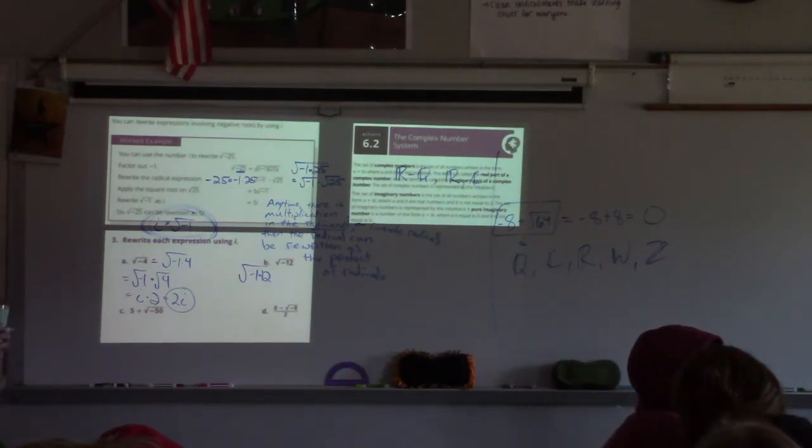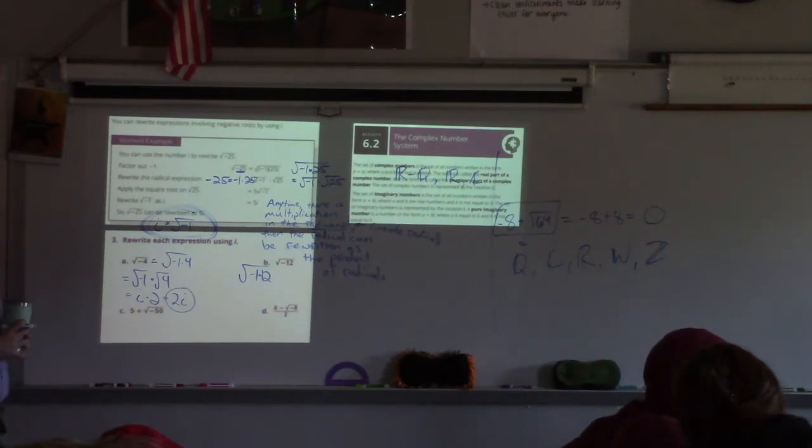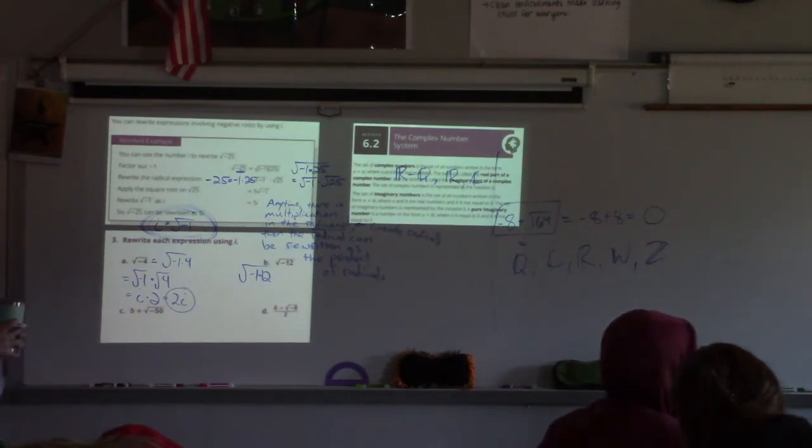Is that exact or is that an approximation? Approximation. Right, that's an irrational number. Does anyone know a factor that we can take the square root of? Are 6 or 2 perfect squares that we can take a square root of? You can check it, but 4. Can we take the square root of 4?